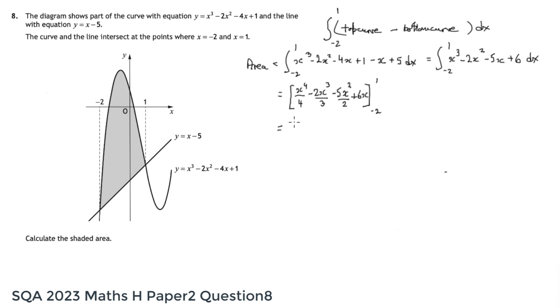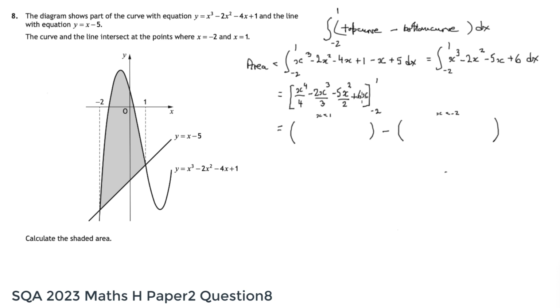And what we now do is we put in the top value into that, that's the x equals 1, and we subtract that whole expression with x equals -2. So we've got to be very careful what we're doing here, because this -2 is going to cause us problems in a minute. So let's put in x equals 1.